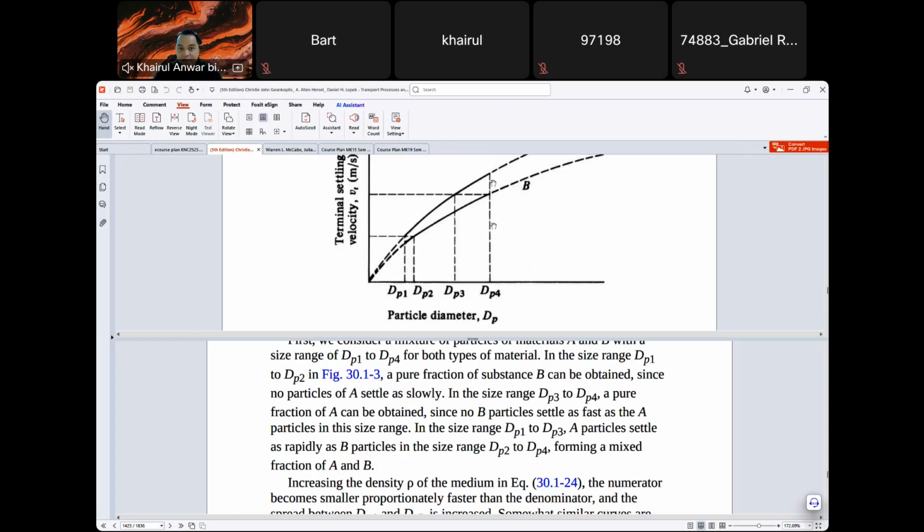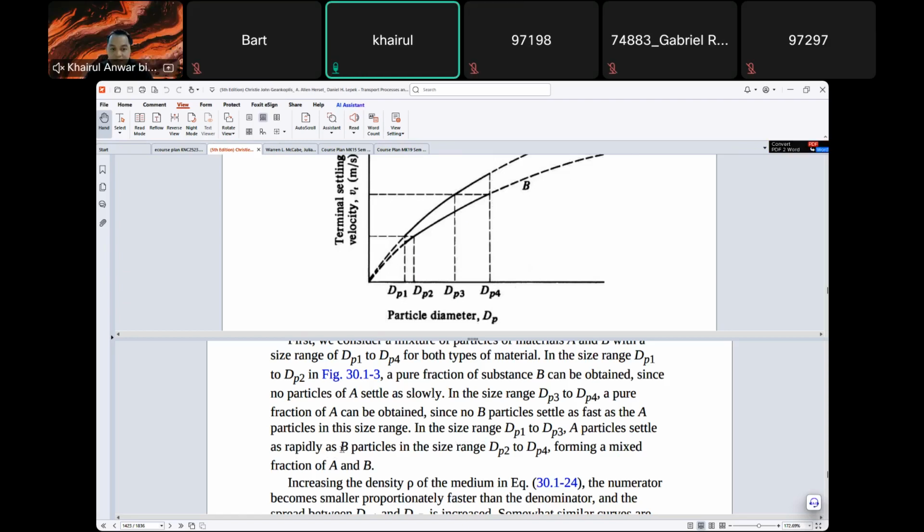See, DP4, DP3, only particle A. In the size range DP1 to DP3, particle A settles as rapidly as particle B, and in the range of DP2 to DP4, forming a mixed fraction of A and B. So between DP1 until DP3 and DP2 until DP4, in the middle there is a mixed fraction of A and B. So for DP1 to DP2, only B; DP3 and DP4, only A.